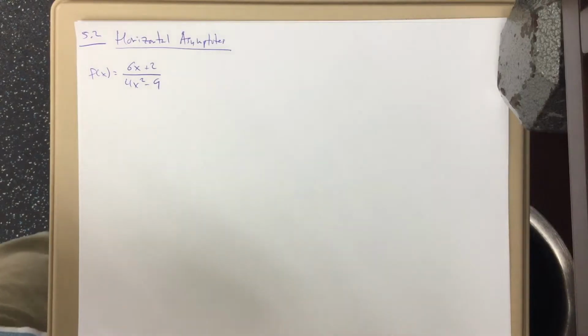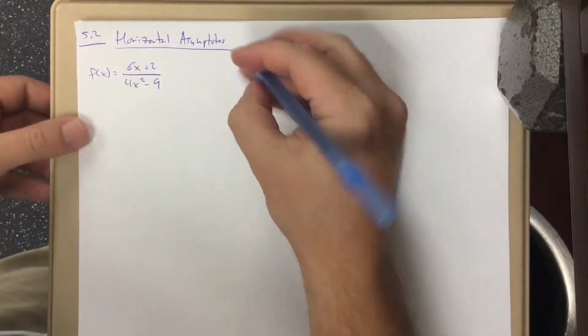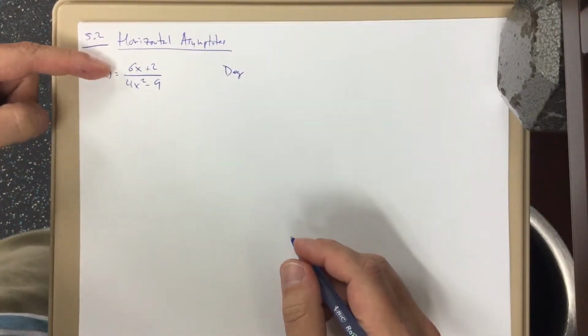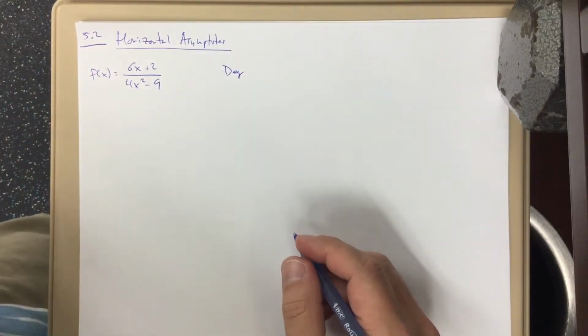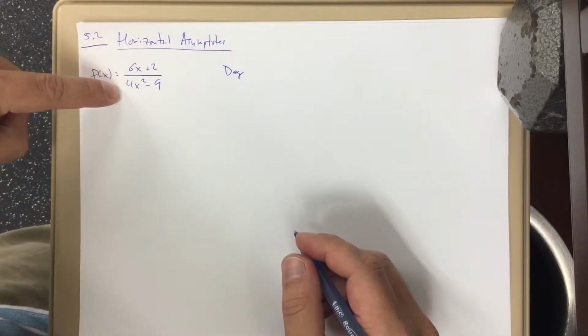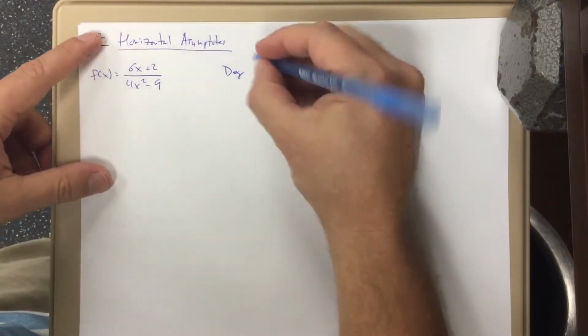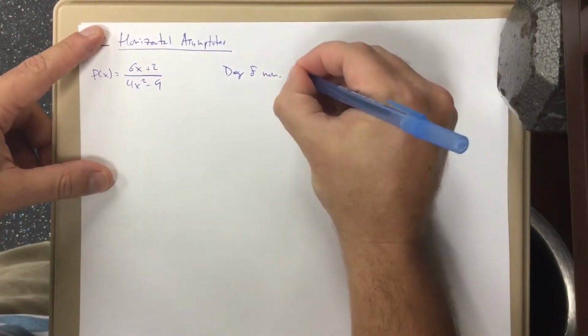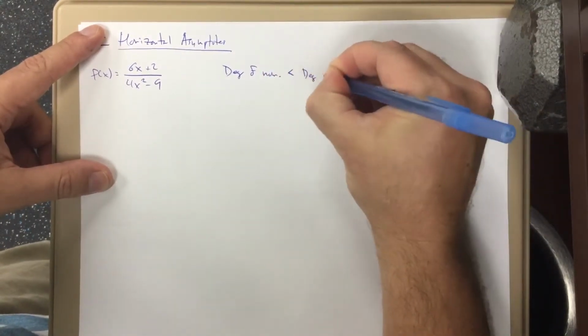We look at horizontal asymptotes by looking at the degree of the numerator and the degree of the denominator. If the degree of the numerator is less than the degree of the denominator, then something always happens.